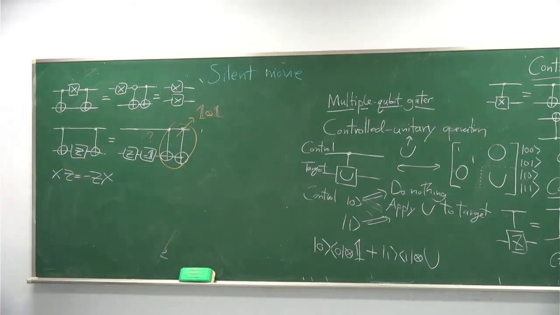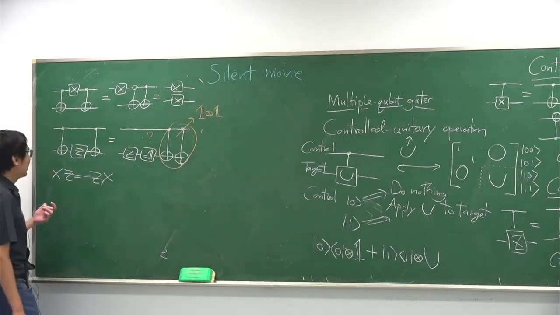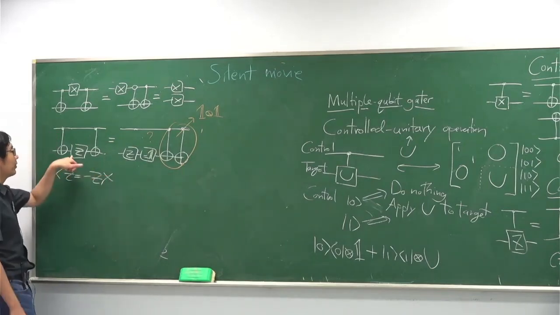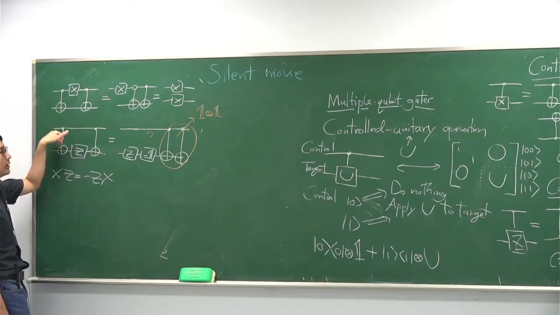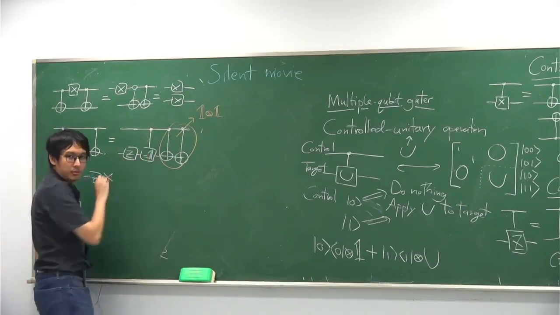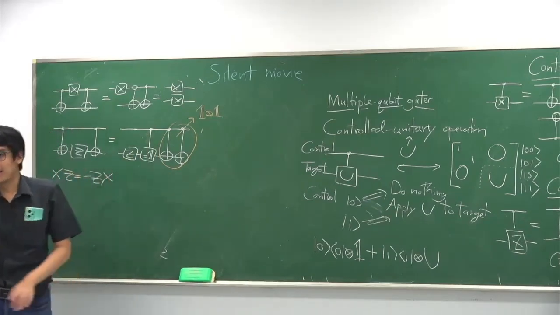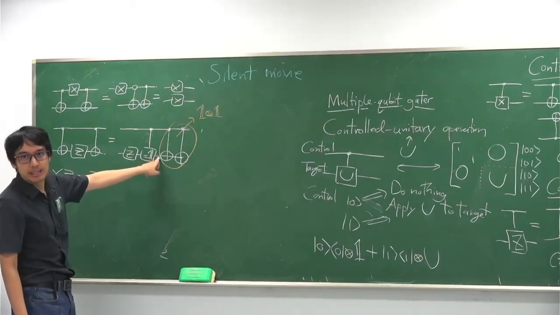No. So what happens here is that it gives the -1 phase only when the control qubit is 1. It's not right. Otherwise, when the control qubit is 0, there's nothing here, and so you have a control -1. You can say equal phase. That's not what people call control phase, because it gives equal phase to every state.